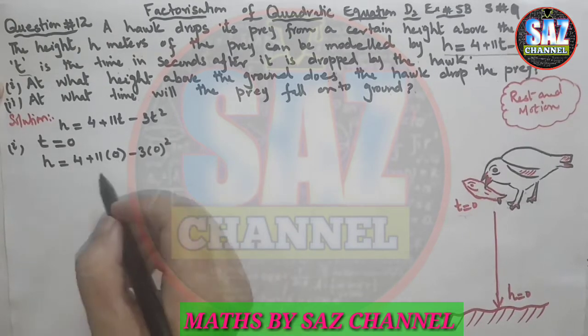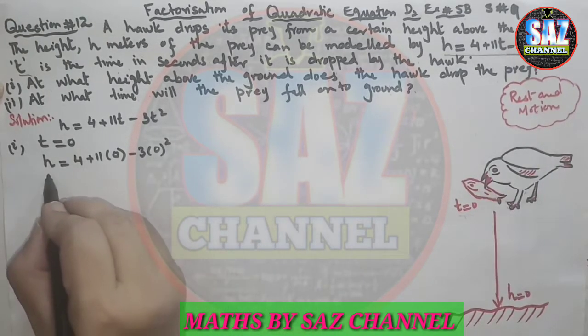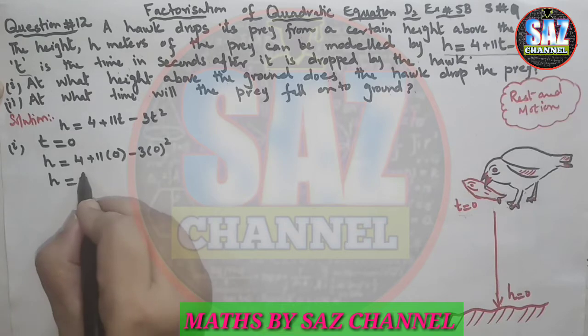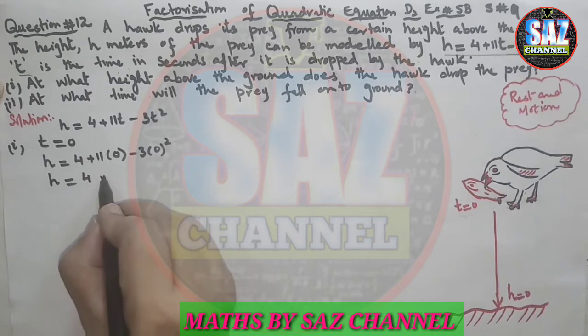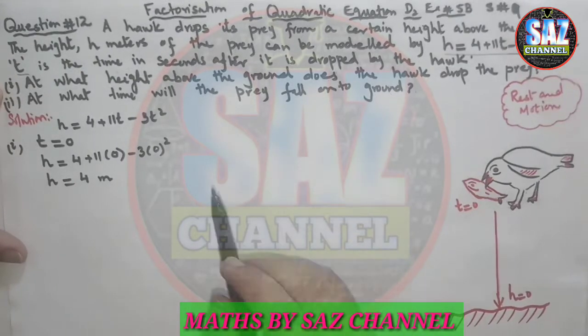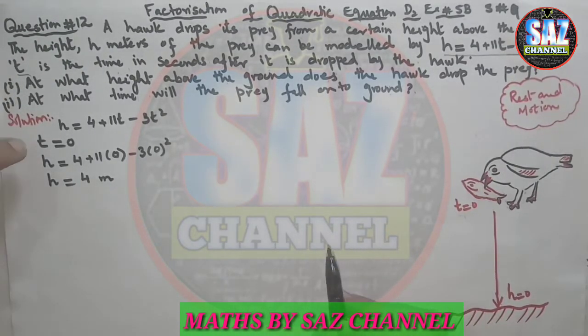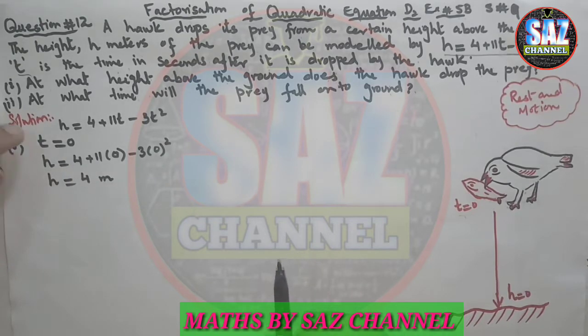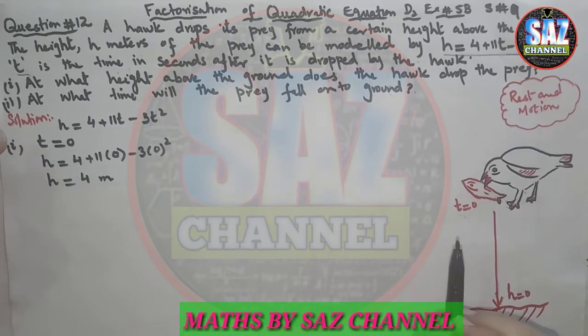Whenever we multiply any number by 0, the answer comes 0. So h will be 4 meters, and this will be the height above the ground where the hawk drops its prey. For that height we have to assume t equals 0 due to the condition that the prey is in the rest condition.